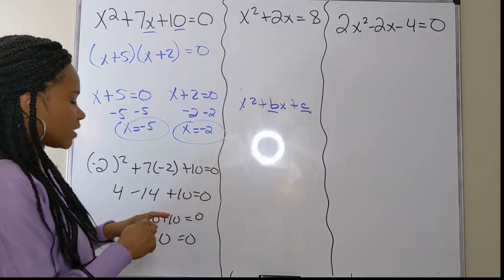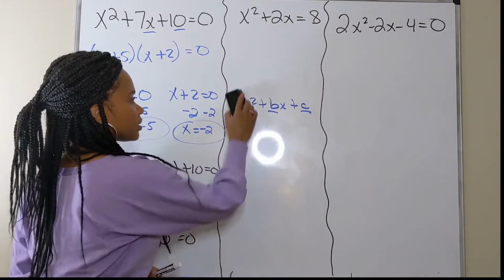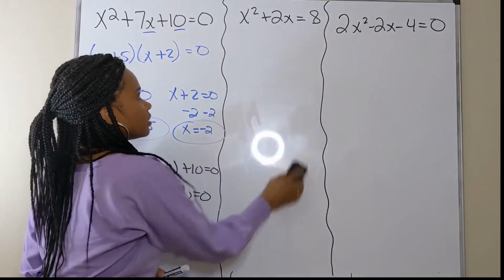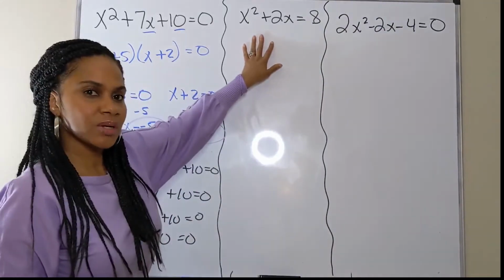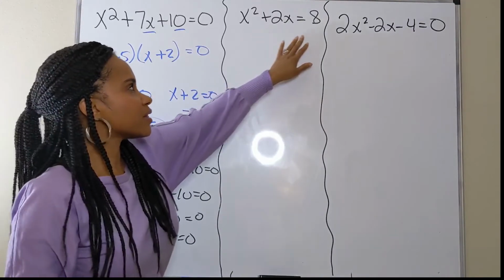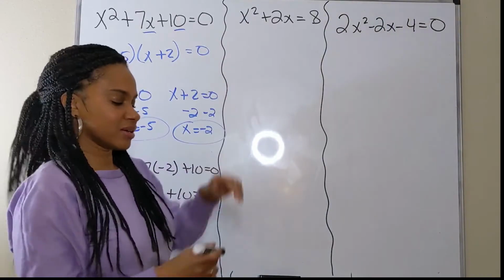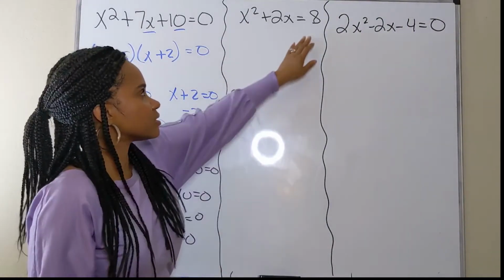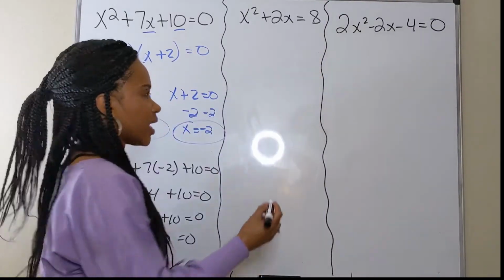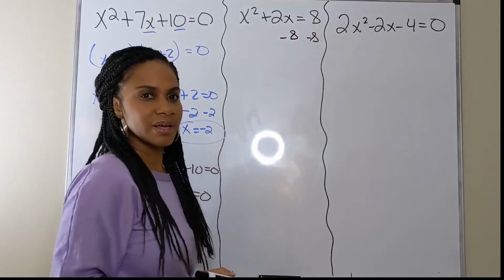All right, so now let's try this equation here. I want my equation to equal 0. So this 8 is on the right-hand side, and I want to move it to the other side. I want to use inverse operations. Since this is a positive 8, I simply subtract 8 from both sides.